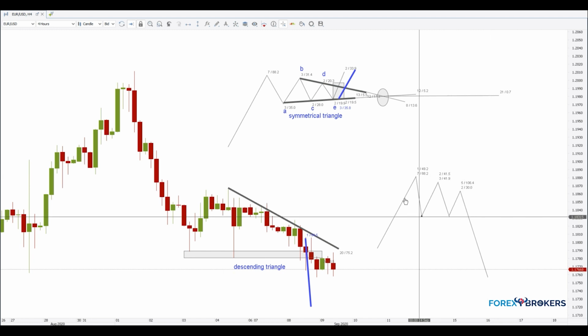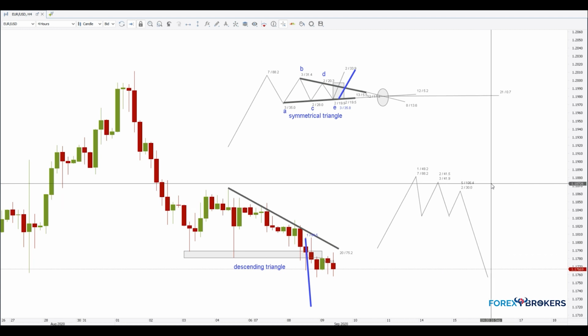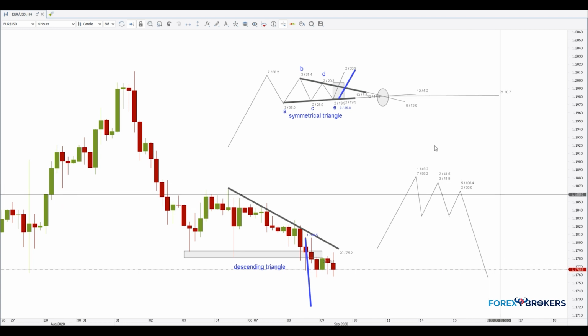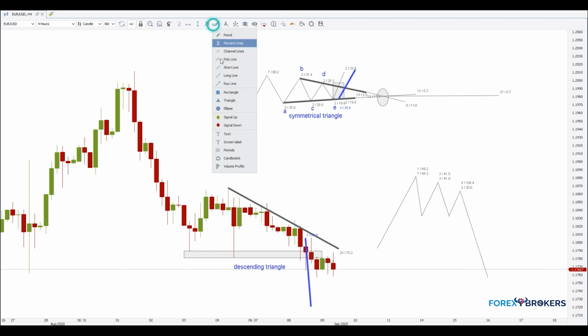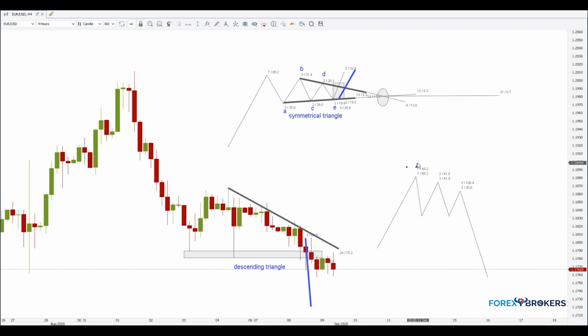How come? Maybe it's not easy to identify here, but we can use the same labeling as discussed in the previous video. We can say that this is wave A. We can also say that this is the B wave.